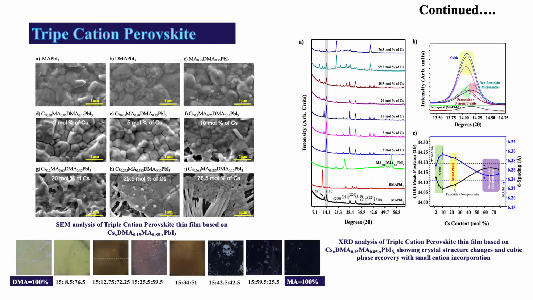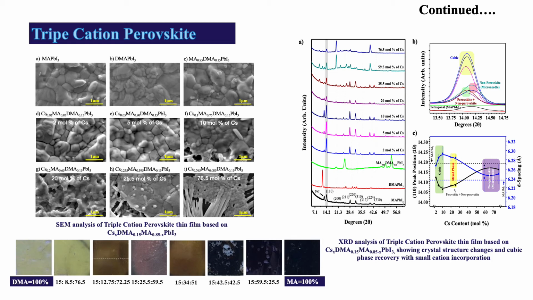We zoom on the signature peak, which is around 14.2, and we saw that peaks corresponding to 2, 5, and 10% are at cubic degree of the 2 theta, but beyond that, the structure is non-perovskite, and there is no stability of the structure because there is more strain.